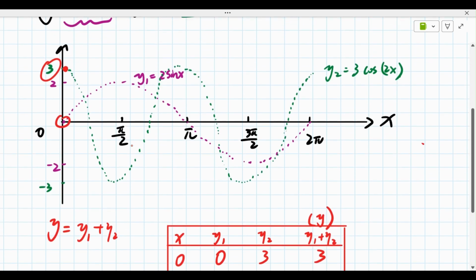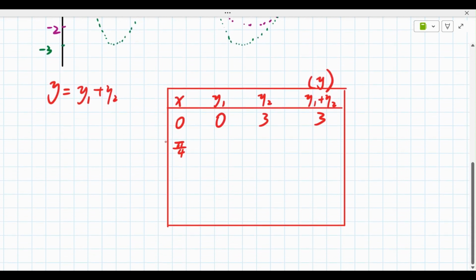Let's have a look. 2 sine 45 degrees, so 2 sine pi over 4, and 3 cosine 2x.